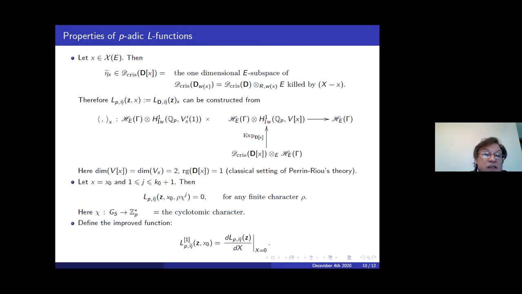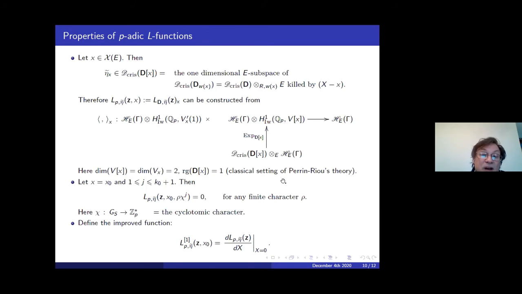Consider now the specialization at x0, the center of X. One can prove easily, using just basic properties of Perrin-Riou exponentials, that the values of this specialization at characters which are products of finite characters with the character x to the power j, where j varies between 1 and k0 plus 1, is 0.